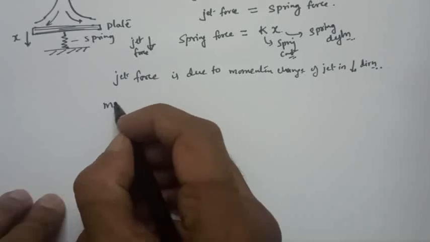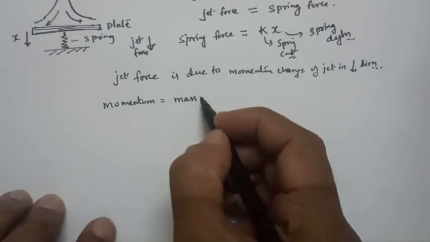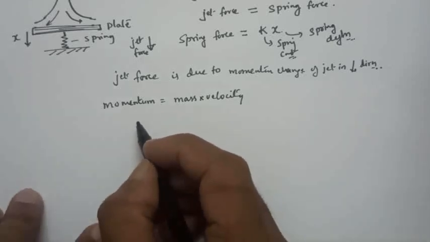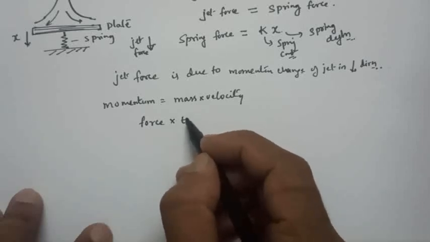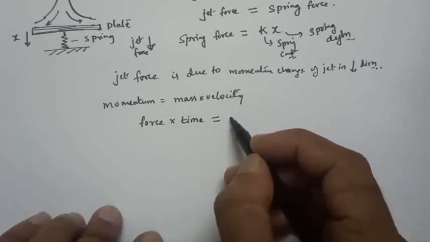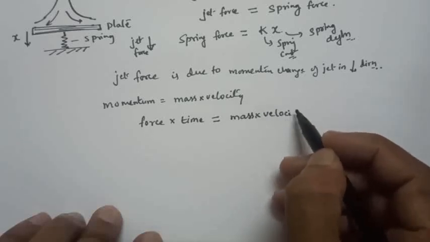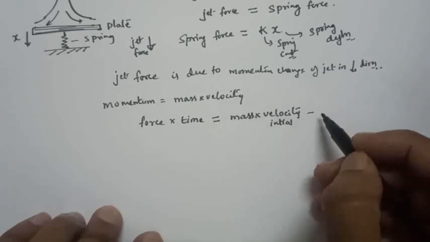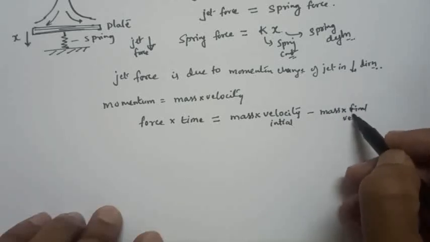So we have momentum is mass into velocity. So this is the equation: force into time is equal to mass into initial velocity minus mass into final velocity.